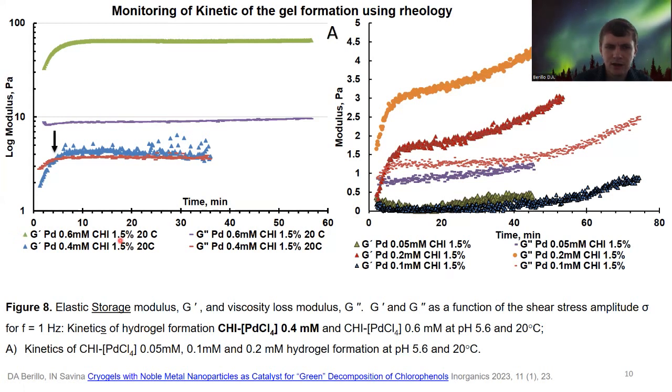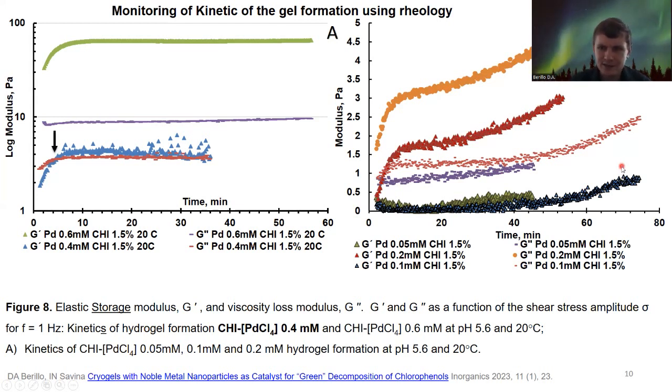If we increase concentration of palladium, then gelation happens too fast, and it cannot be observed using rheology. So when we start to measure it, it's already a gel. And when we decrease concentration of palladium to 0.1 or 0.2 millimole, then we don't observe the transformation of sol to gel within several hours.